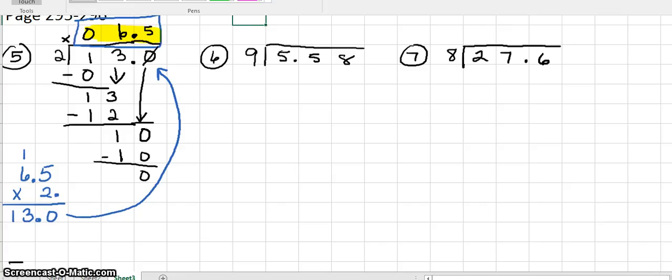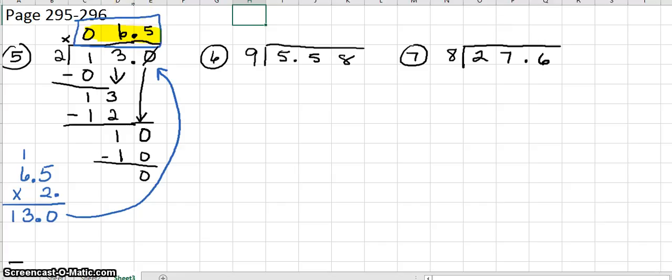Okay, let's go on to the next one. I've got 5 and 58 hundredths divided by 9. First thing I'm going to do is bring this decimal to the top. I'm going to put me a multiplication symbol right here because we solve this by using multiplication. So what times 9 will get me to 5? Nothing. I subtract.